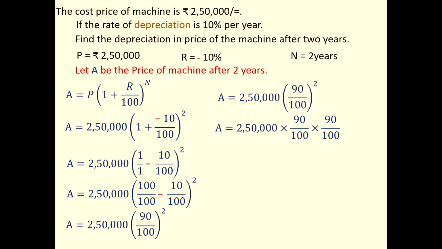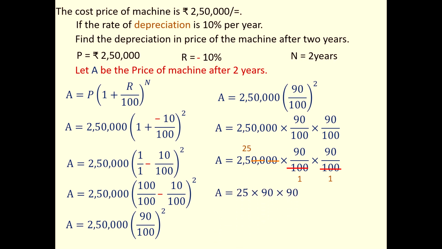Further, when we simplify, we write it in multiple form and then do cancellation. 100 one time, here 2 zeros, again 2 zeros from below go, so we have 25 on top remaining. So the amount total is 25 into 90 into 9, and then we have 2,02,500 rupees as the price of the machine after 2 years.